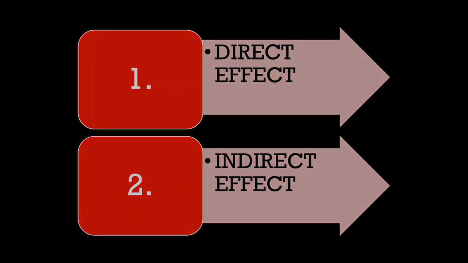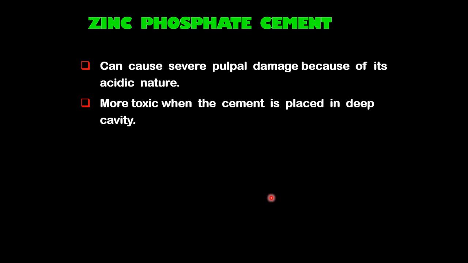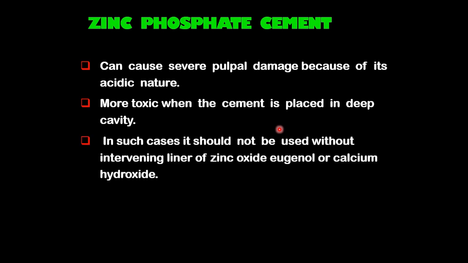The first restorative material that we are going to discuss is zinc phosphate cement, and it can cause severe pulpal damage because of its acidic nature, and it is more toxic when the cement is placed in a deeper cavity. So in that case it should not be used alone, and an intervening liner of zinc oxide eugenol or calcium hydroxide is advocated when you use the zinc phosphate cement.